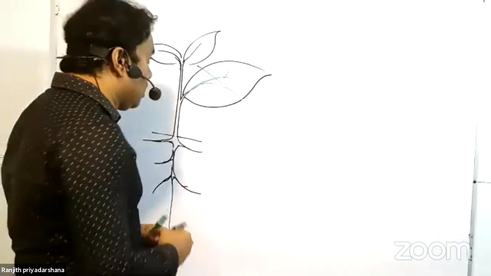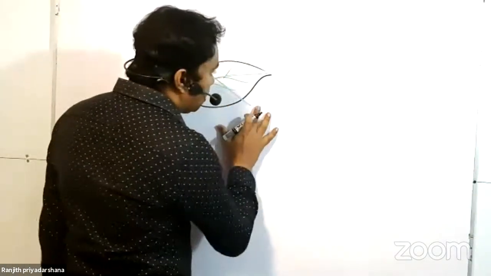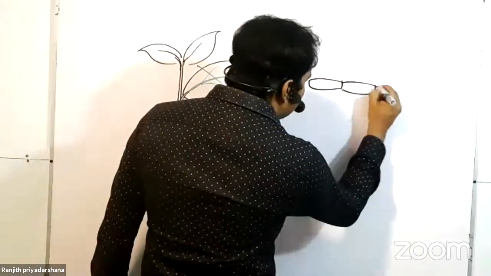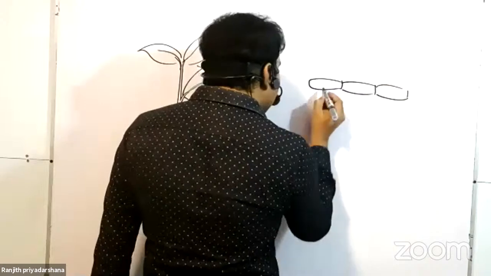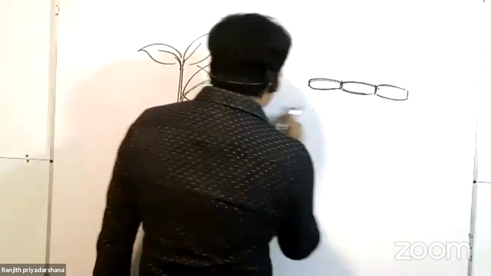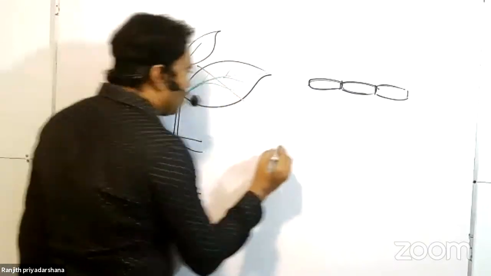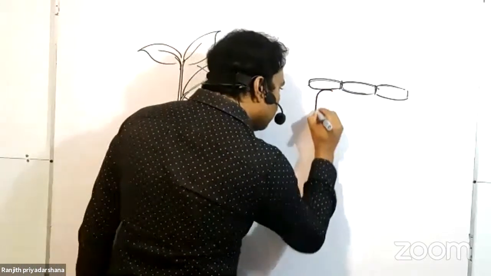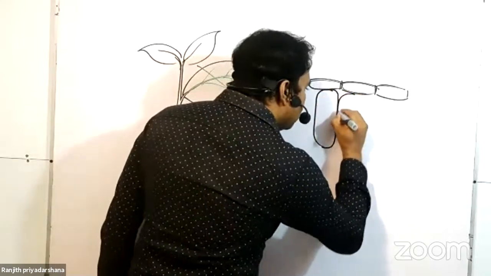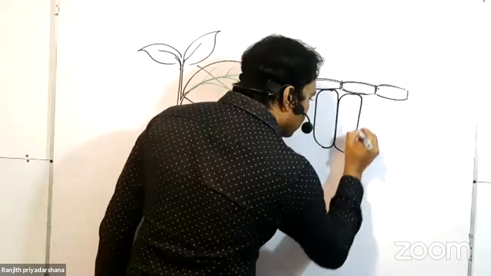In the cross section of the leaf you observe another cell layer, the palisade mesophyll. Mesophyll means parenchyma.